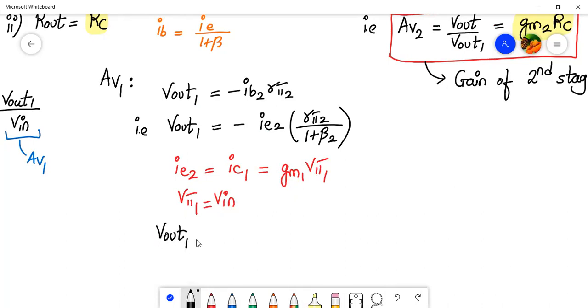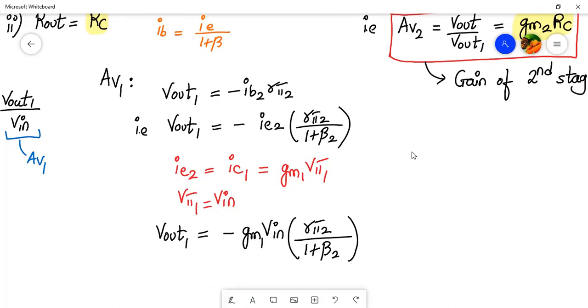V out 1 will be equal to minus of, instead of IE2, we'll write GM1 into V in into R pi 2 divided by 1 plus beta 2, right?